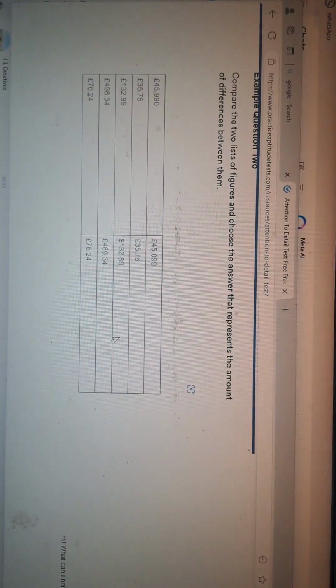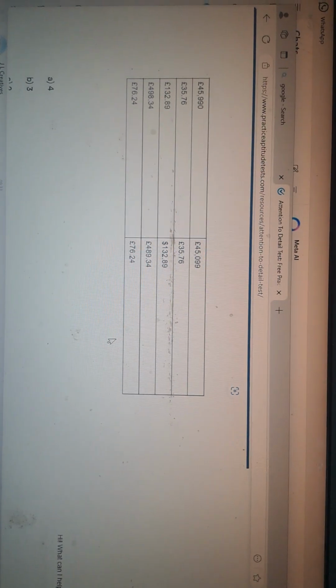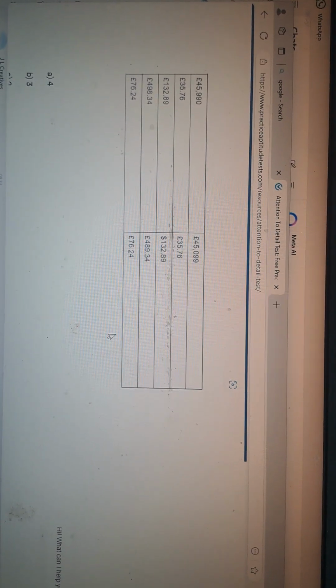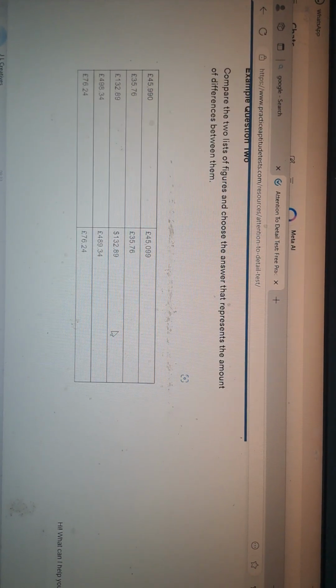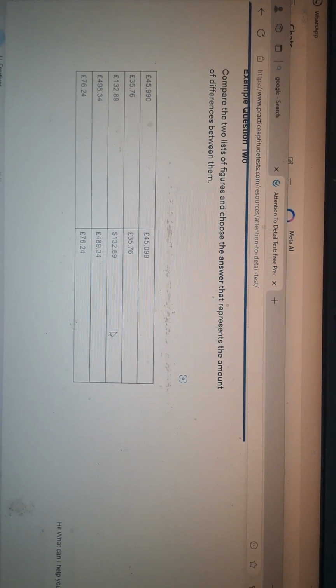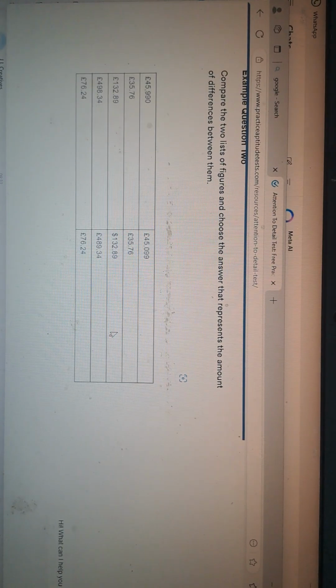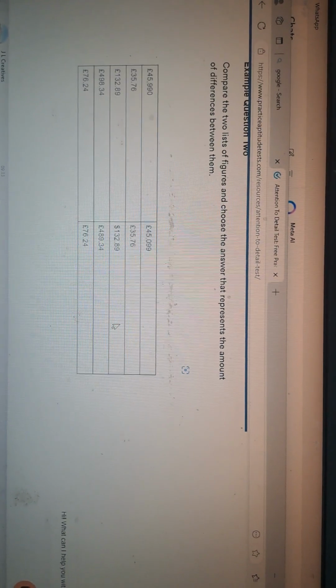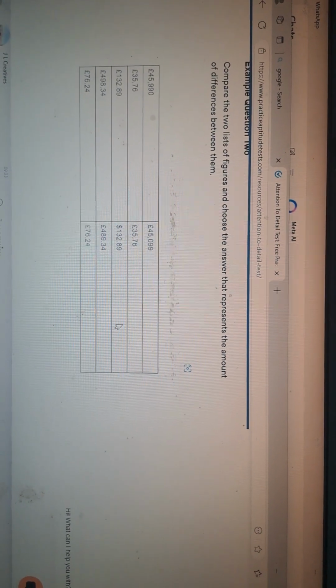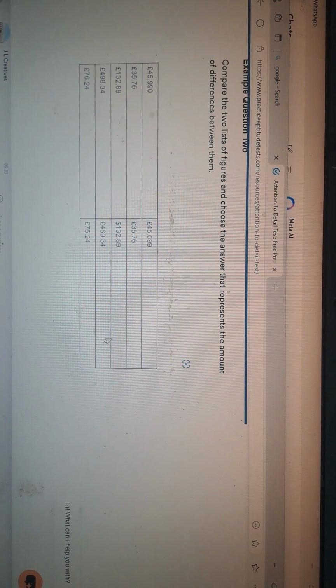This is a multiple choice kind of question where the person is expected to compare the lists of figures and choose the answer that represents the amount of difference between them. So these are the kind of questions that I might ask.